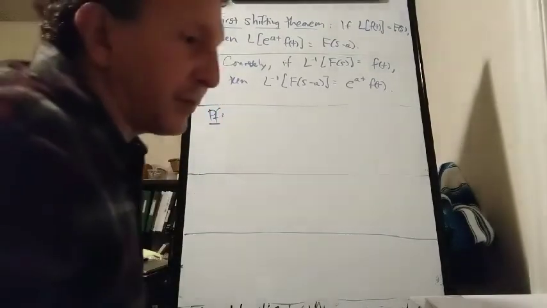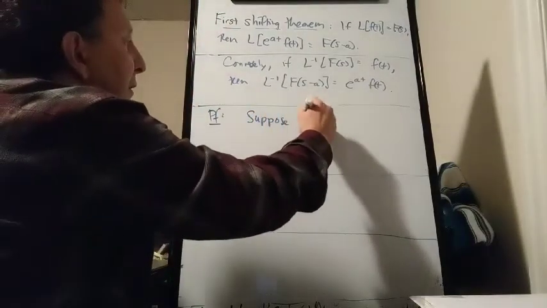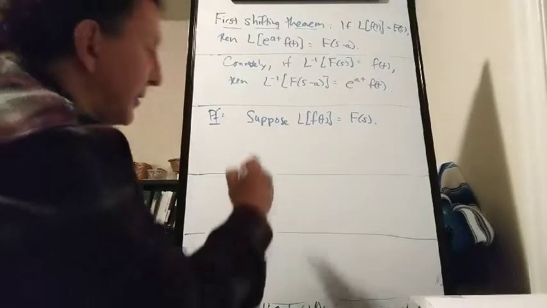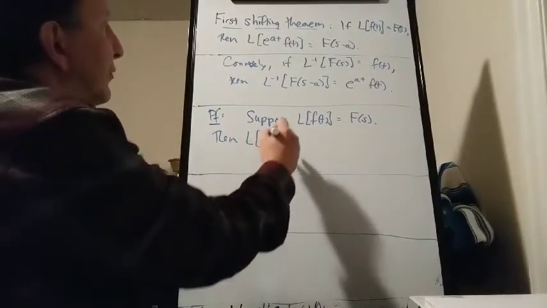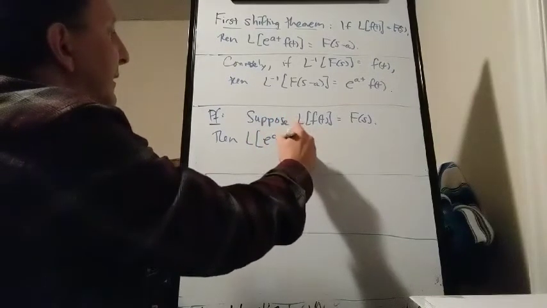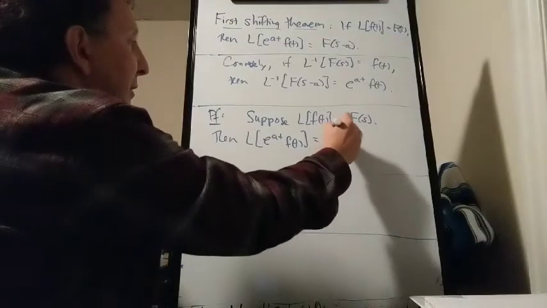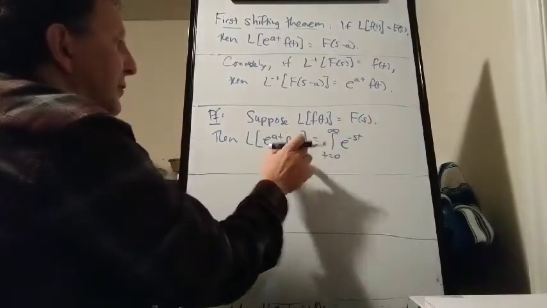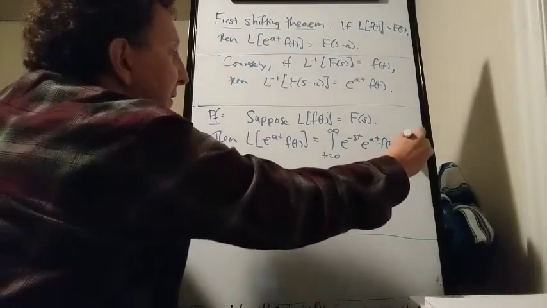So this is not too hard to prove. Let's suppose that the Laplace transform of f of t equals capital F of s. Then if we want to take the Laplace transform of e to the at f of t, by definition that's the integral from 0 to infinity of e to the negative st times e to the at f of t dt.